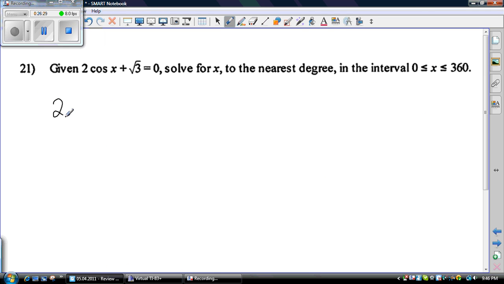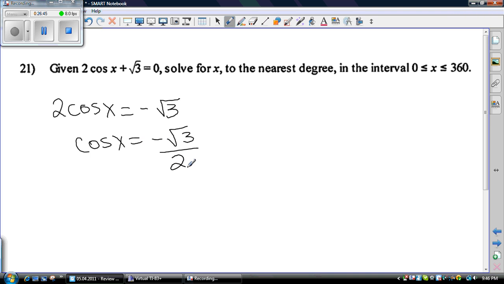Okay, finally, last one. 2 cos x, I'm going to subtract 3 from both sides, equals negative radical 3. I'm going to divide by 2. So cos x equals negative rad 3 over 2. Okay, and I'm going to inverse it. Cos inverse of negative rad 3 over 2.